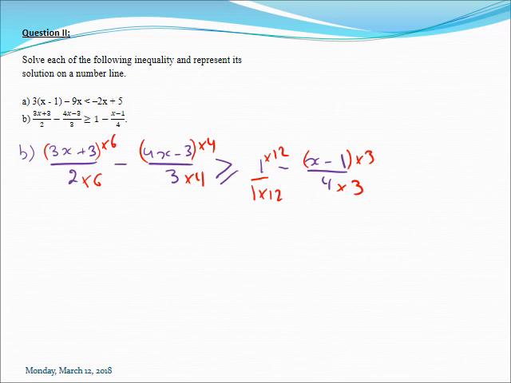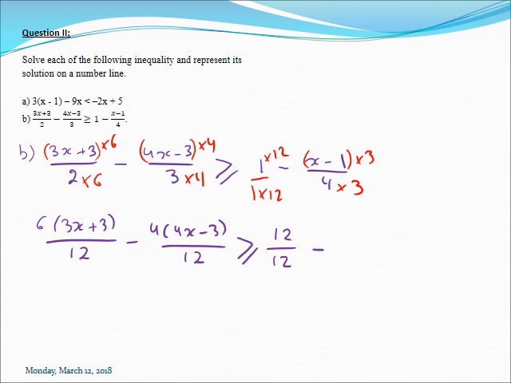So it's equal 6 into 3x plus 3 over 12 minus 4 into 4x minus 3 over 12 greater than or equal 12 over 12 minus 3 into x minus 1 over 12.